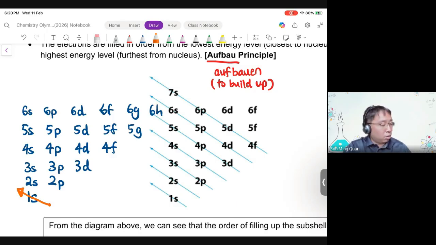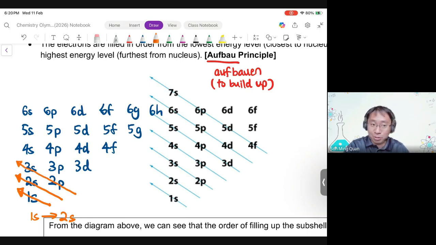The second arrow goes through 2s. So we have 1s, then 2s. Notice how all the arrows are diagonals. We're going to use diagonal arrows.